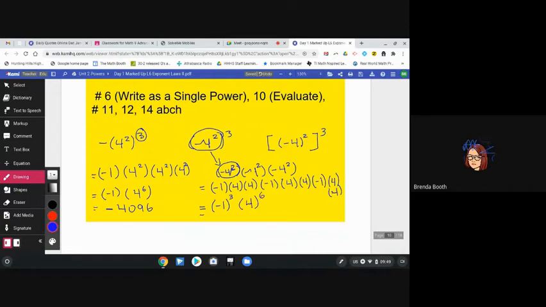A -1 to the power of 3 is still negative, and then I would do the 4 to the power of 6. And I see I actually end up with the same value as the first one, but when we see that expanded form, how we got there is a little bit different.